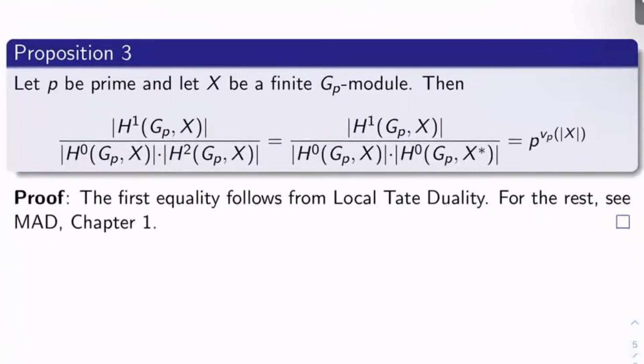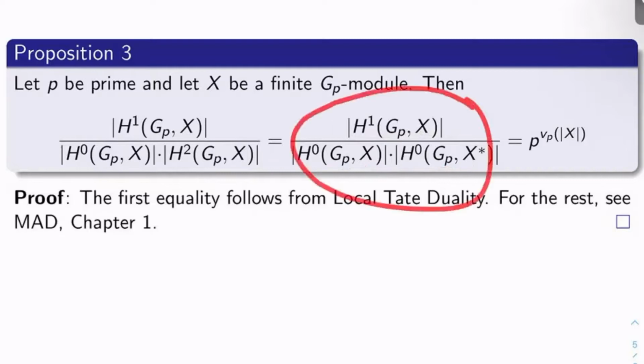All right, a very important proposition that's used directly in the proof of Fermat's Last Theorem, which we will see much later. Proposition 3: let p be prime and let X be a finite G_p-module. So G_p is acting on X here. Then it turns out the size of H^1(G_p, X) over the size of H^0(G_p, X) times the size of H^2(G_p, X), so we've got all the relevant group cohomology groups on the left-hand side for the action of G_p on X, equals the size of H^1(G_p, X) over the size of H^0(G_p, X) times the size of H^0(G_p, X*).